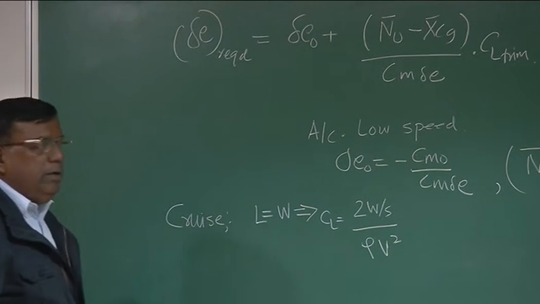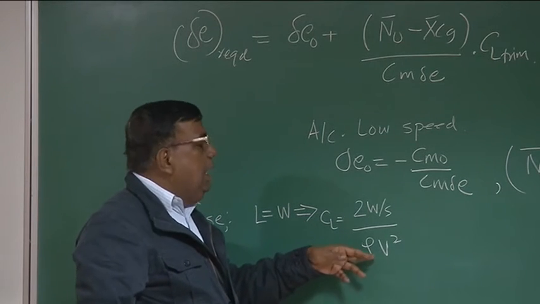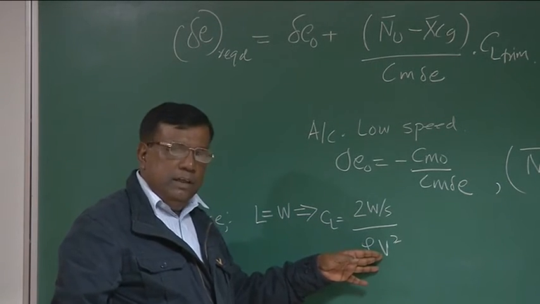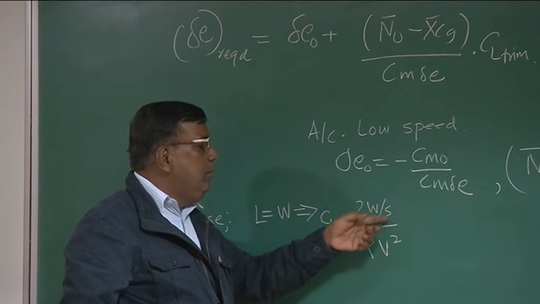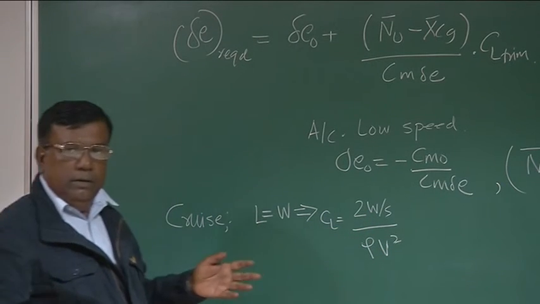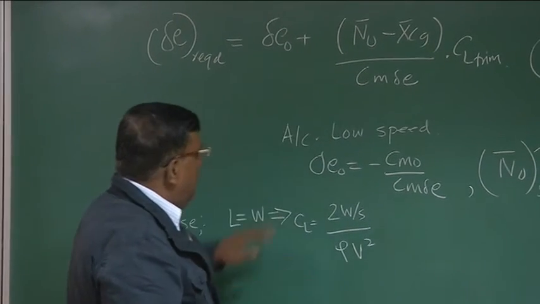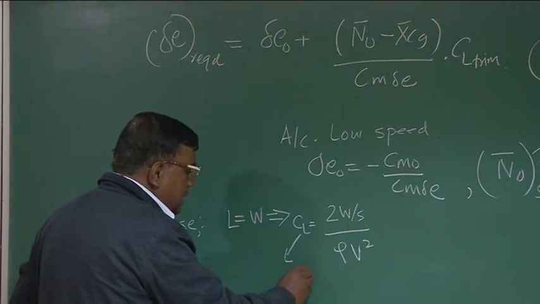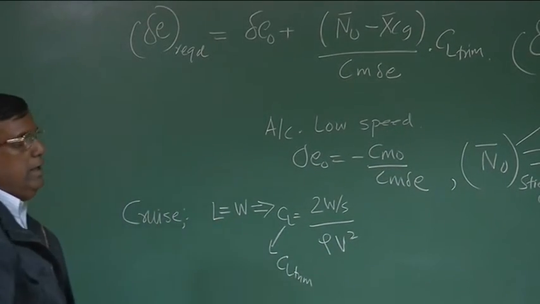Let us say I want to fly at a particular altitude where density is rho and with a particular speed V, then what is the CL required? I know from here CL will be 2 W by S by rho V square, and W by S is the wing loading. You all know that. So what is this relation telling me now? Well, then this becomes my CL trim for that cruise at altitude where density is rho.